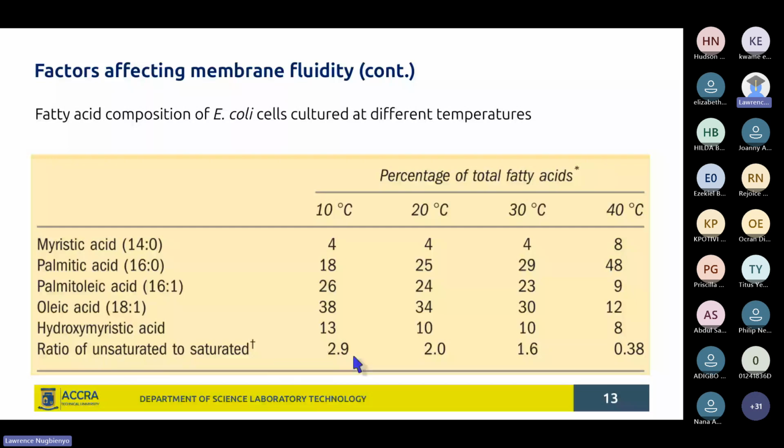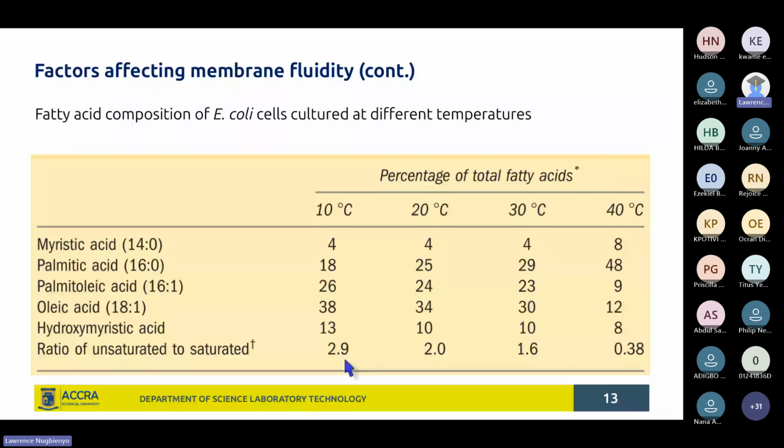And you see, you have E. coli that was cultured at 10 degrees Celsius, 20 degrees Celsius, 30 degrees Celsius, and 40 degrees Celsius. Now let's come to the ratio of unsaturated to saturated fatty acids.